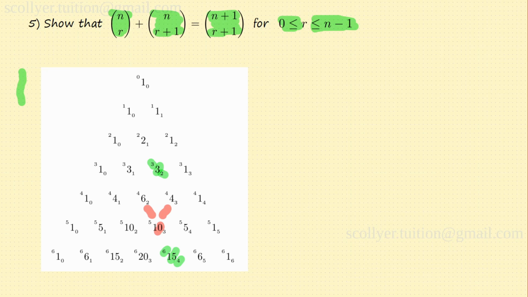Or alternatively, 4 choose 2 plus 4 choose 3 is 5 choose 3. Or 5 plus 10 is 15. Alternatively, 5 choose 1 plus 5 choose 2 is 6 choose 2. And that process is what this relationship represents.